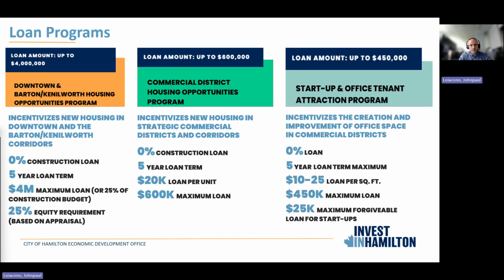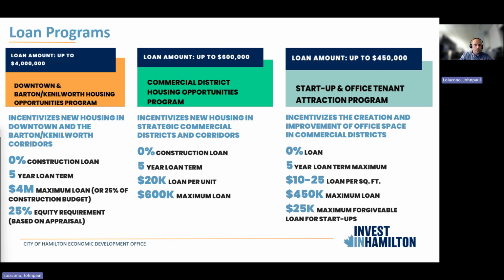The next set of programs relates to loans we offer. So there are 3 different loans up on the slide. The first and the second loans are for residential development. Again, that's one of the goals of the CIPs, to increase dwellings along the corridors. And the 2 programs offer 0% construction loans with a 5-year loan payment.